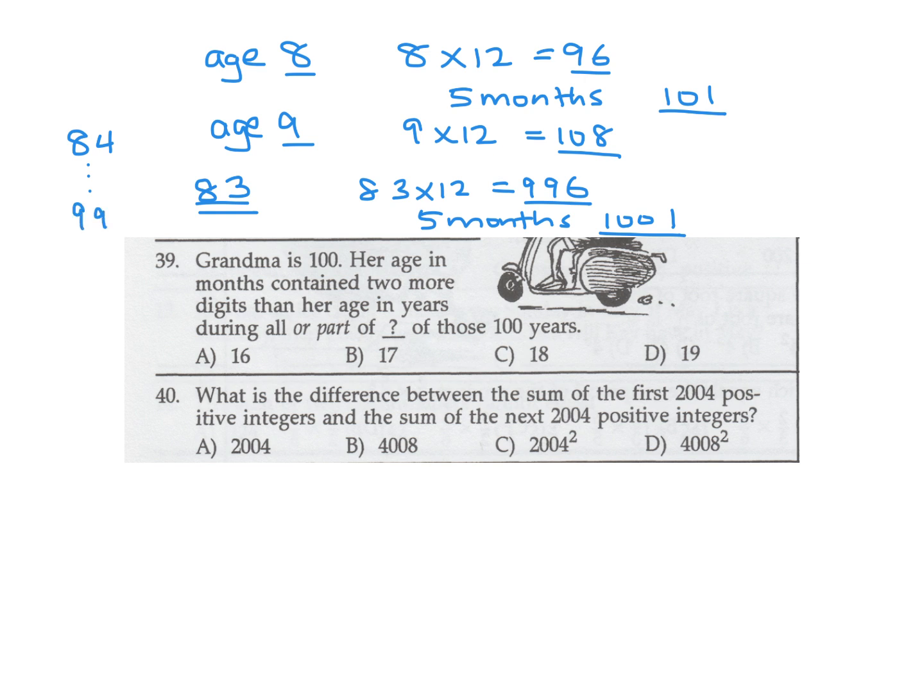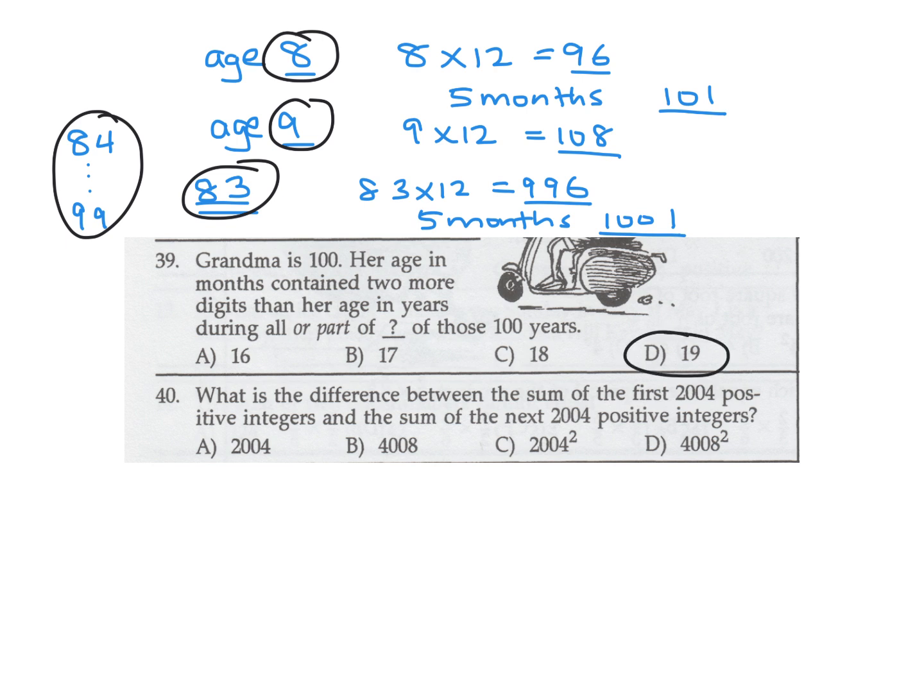So all these years, either for the entire time she's that age or part of it, the question holds true that her age in months is 2 digits more than her age in years. So we have that year, and all of these, and oh, this one also, don't forget that one. So that's a total of 19 years. So that would be D for 39.